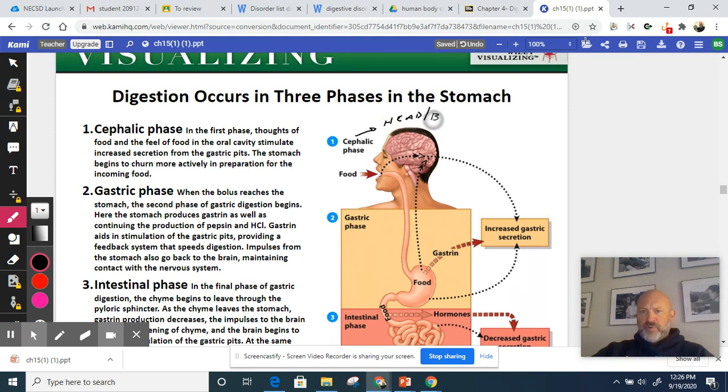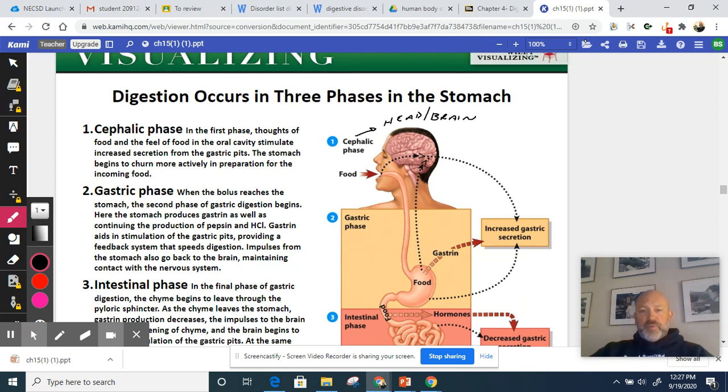Or in this case, the brain part. And what's going to happen? Well, there's going to be hormones sent from the brain because of this food that's entering that are going to go down and increase gastric secretion. So it's going to cause the parietal cells and the chief cells to increase their secretions because food is going to be on its way down.